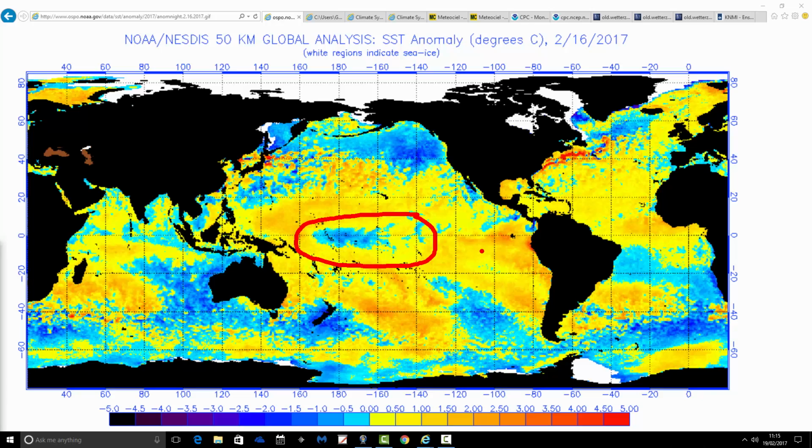All eyes on the eastern equatorial Pacific now, off the coast of Chile and down to Peru, because we've got warming occurring there through that eastern part of the equatorial Pacific Ocean. Now, these are quite shallow waters, so it doesn't necessarily mean that we're on our way into a renewed warm event, a renewed El Nino.